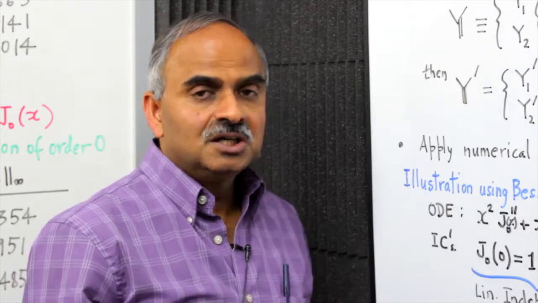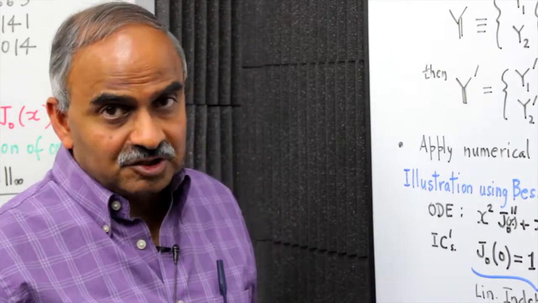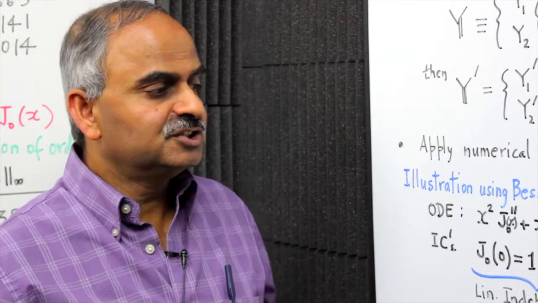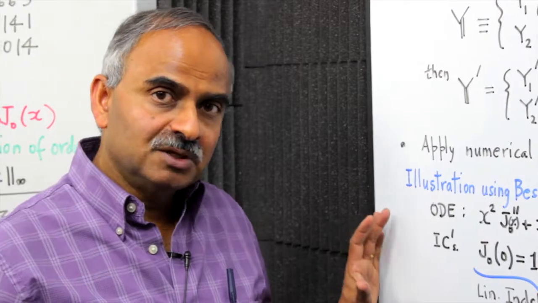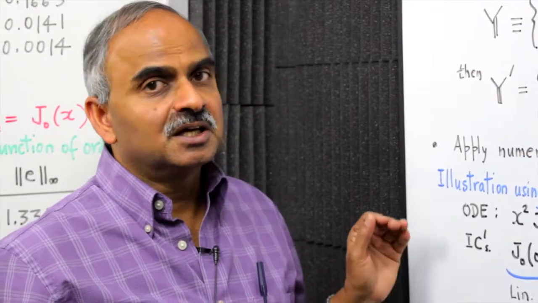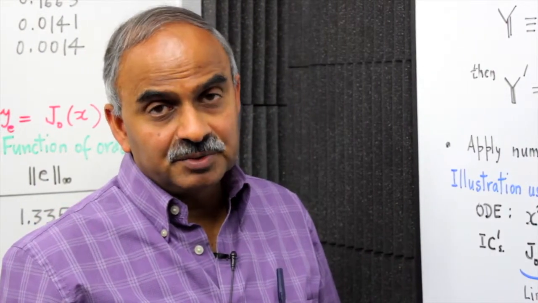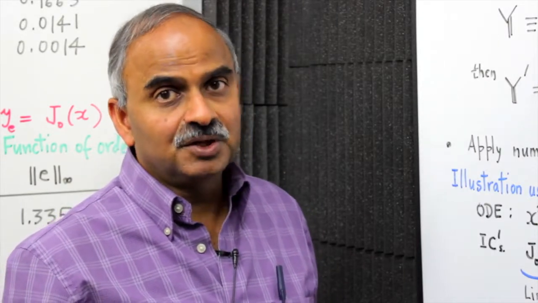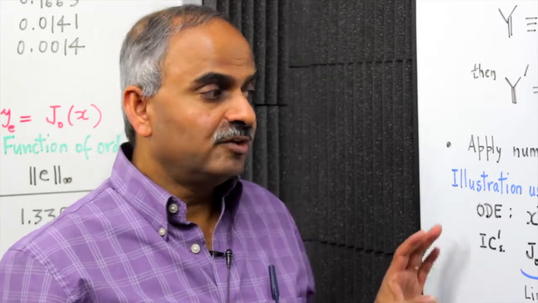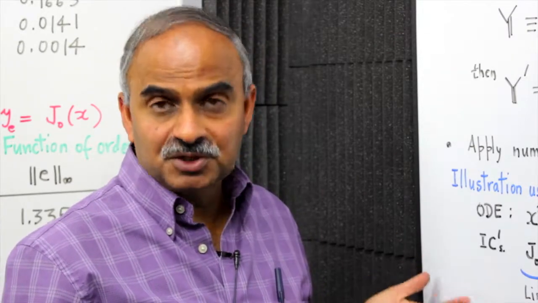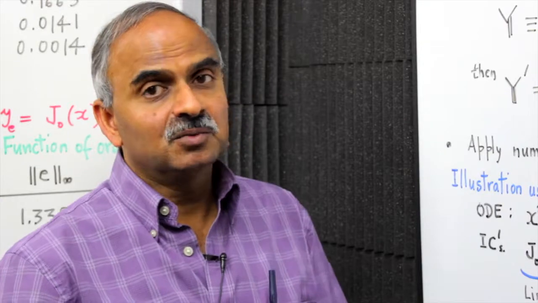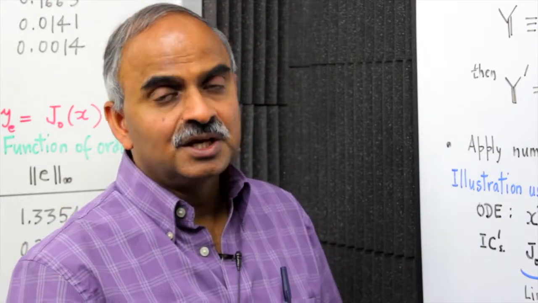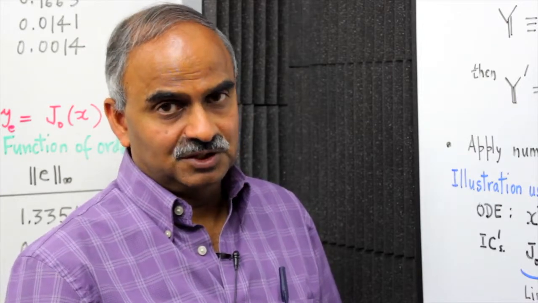So this little investigation of the behavior of the solution near a singular point, in this case we illustrated it for the Bessel function equation, but the analysis called Frobenius method, or power series expansion of the solution near a singular point, in general can be used to find out what is the behavior for a particular equation, and thereby one can build in a particular limiting behavior near the singular point to treat the problem that one is facing.